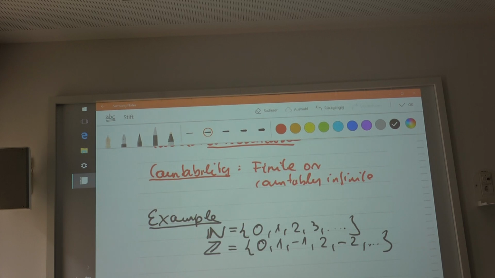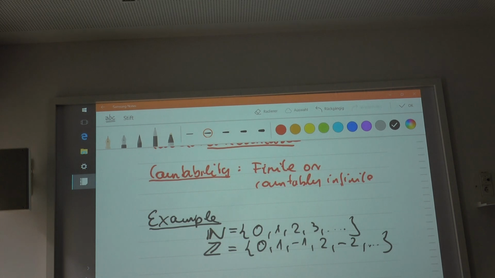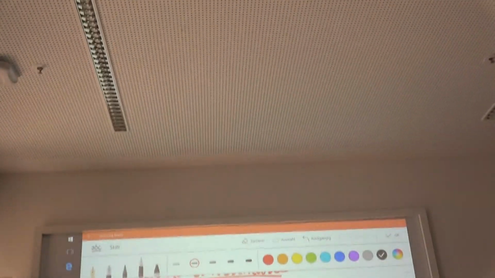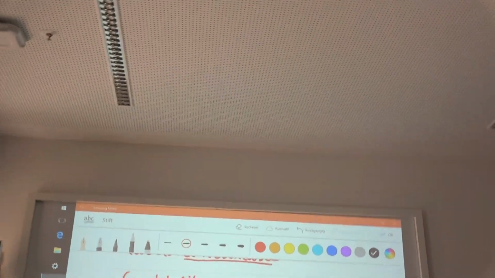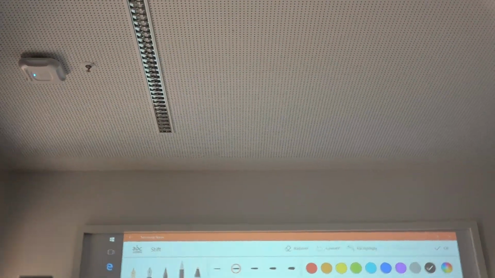So this is the set of integers, and this is the set of natural numbers. Now, we can show, and this is kind of weird, that the set of natural numbers has the same cardinality as the set of integers.